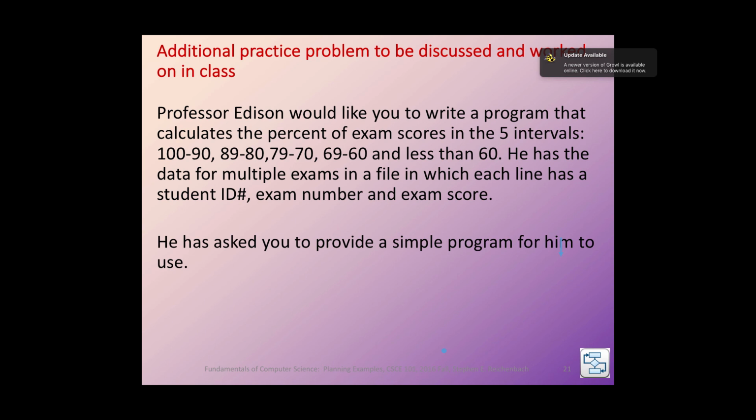He has the data for multiple exams in a file in which each line has a student ID, an exam number, and an exam score. Okay? He has asked you to provide a simple program for him to use to calculate the percent of exam scores in these 5 intervals.